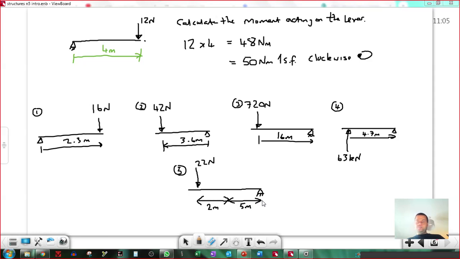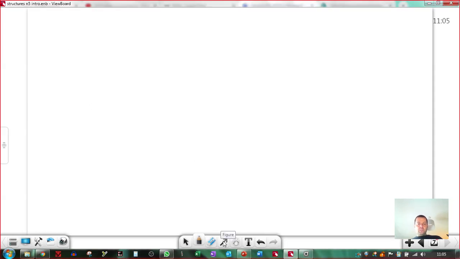Right, okay, so yeah, the idea is that you should be able to calculate a moment. Let's make it a little bit more complex then. So at the next point we're going to have more than one force acting on a beam. Right, so let's do that.